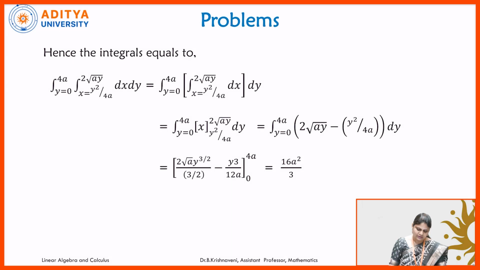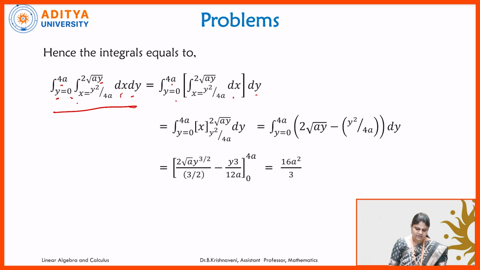Hence the given integration is equal to integral y from 0 to 4a, x from y square by 4a to 2 root ay. Now the order changes to dx dy. So now evaluate with this order of integration. First with respect to x, keeping y constant, that is integral 0 to 4a, integral x is equal to y square by 4a to 2 root ay dx, then dy.